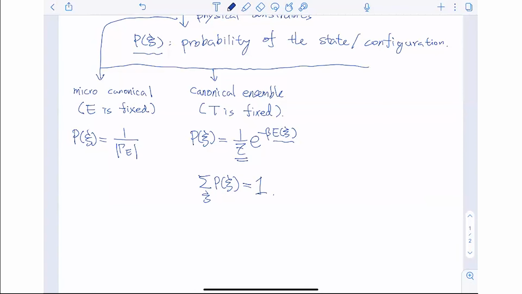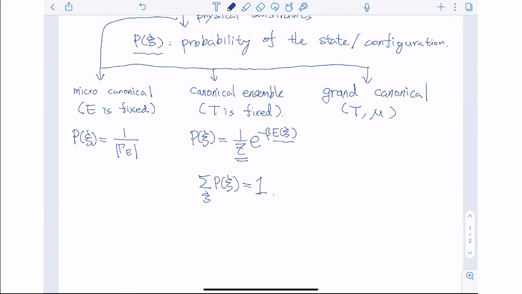In addition to the canonical ensemble, we discussed another useful one, which is called the grand canonical ensemble. Here, in addition to the fixed temperature, the system can exchange particles with the heat bath, which means that the parameter that is kept fixed is the chemical potential.